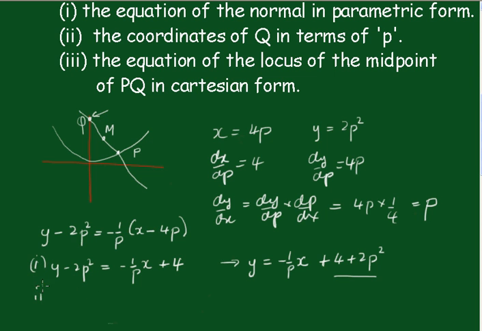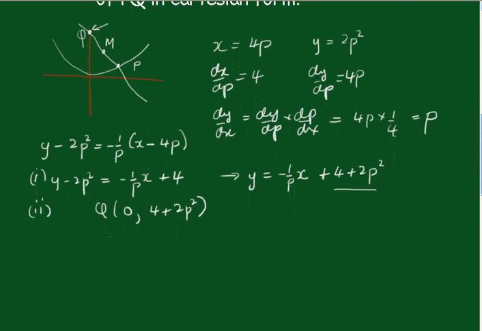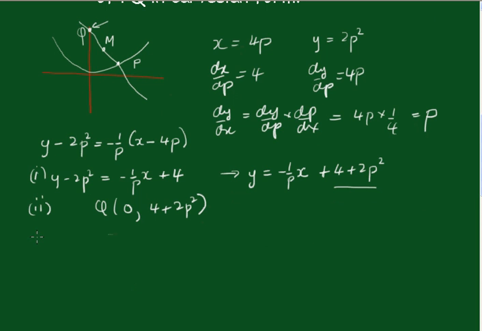So in part 2 we're simply going to get the coordinates of Q are 0, 4 plus 2p squared. Right, now in part 3 we've got the point P, which is 4p, 2p squared, the point Q, which is 0, 4 plus 2p squared.